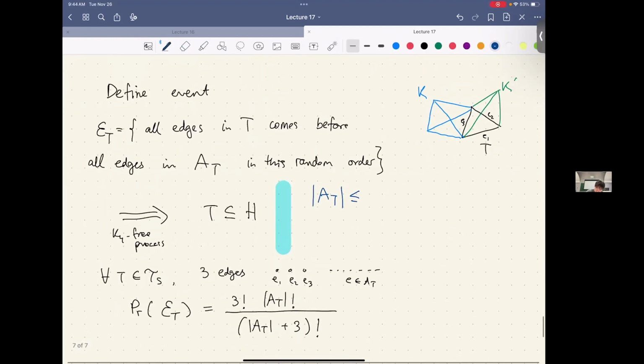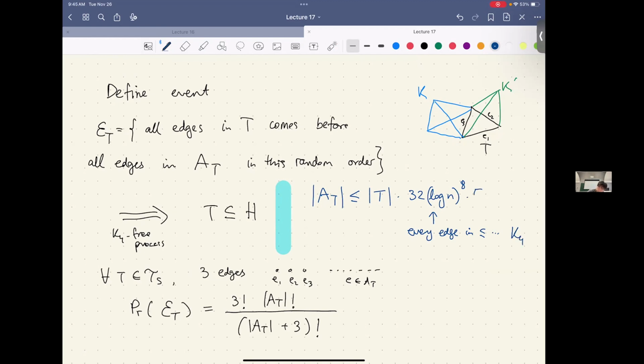Once again, AT is those relevant K4 edges that share an edge with T. First of all, there are 3 edges in T. And then for every such edge, remember our property: every edge is in at most polylog, meaning at most 32 log n to the power 8, K4s.